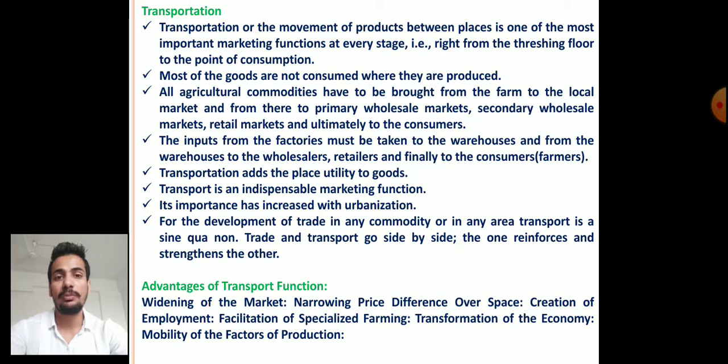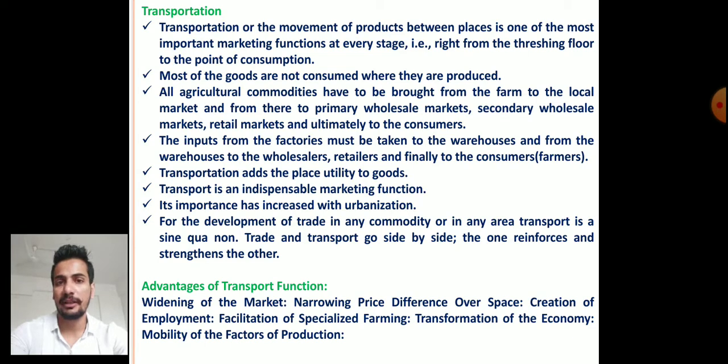So what will be the advantages of transportation function? First advantage is widening of the markets. Second, narrowing price differences over a space. Third, creation of employment.